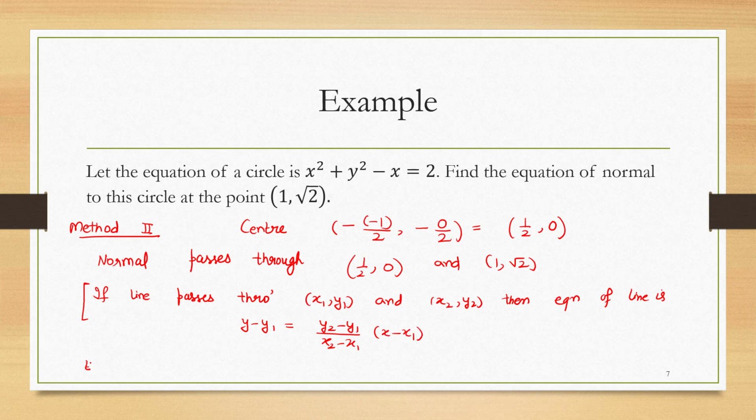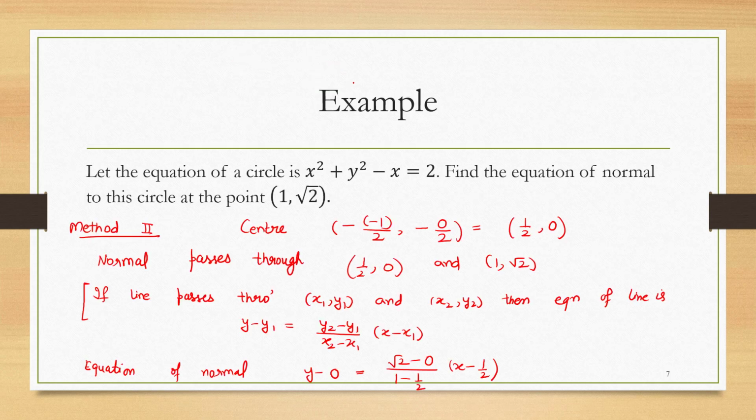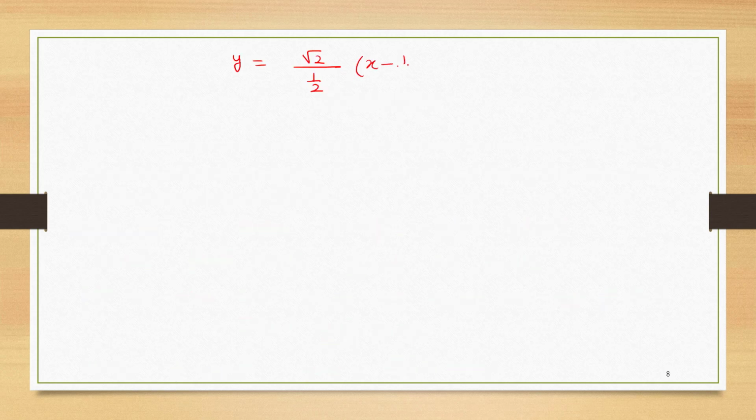So here equation of normal is y minus 0, that is y, equals root 2 upon 1 minus 1 by 2, which is 1 by 2, into x minus 1 by 2.